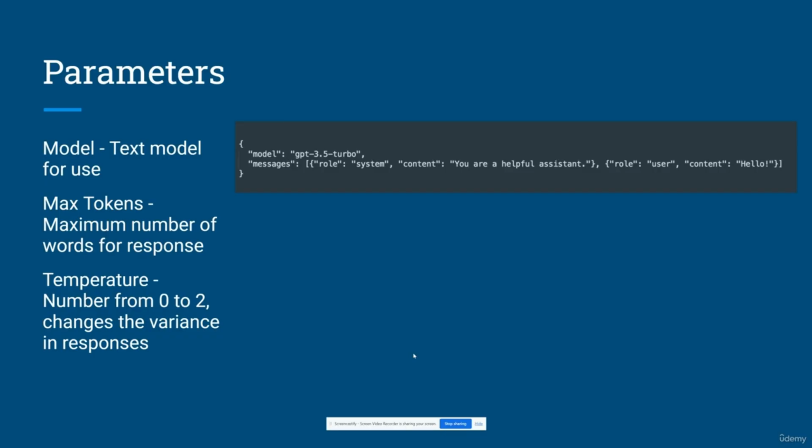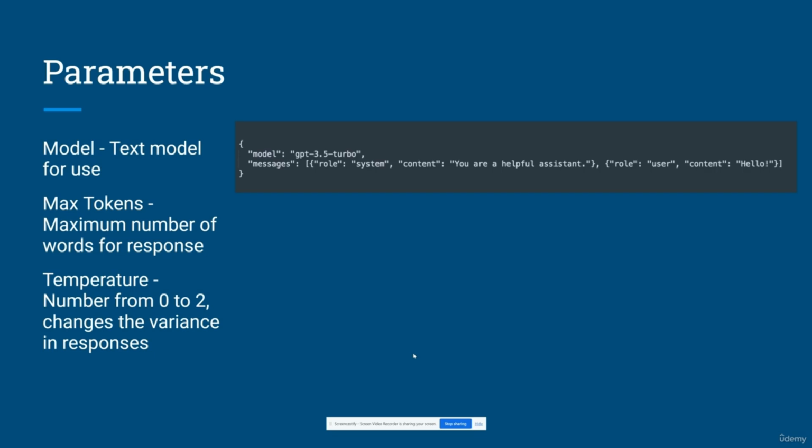The temperature is another word for the creativity of the LLM, and it can be a number from 0 to 2, and it changes the variance of the response. So the temperature, as seen in the transformer section of this class, when the LLM tries to find the next best word, it will attempt to do a probabilistic function if there are multiple words that could come after the series of tokens.